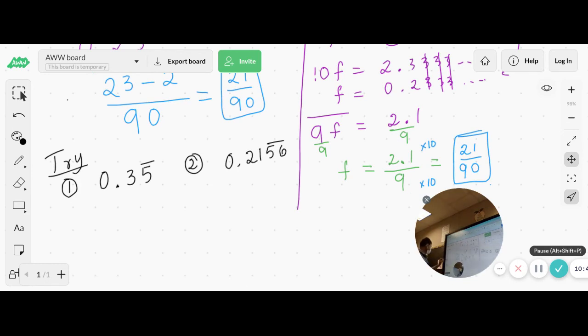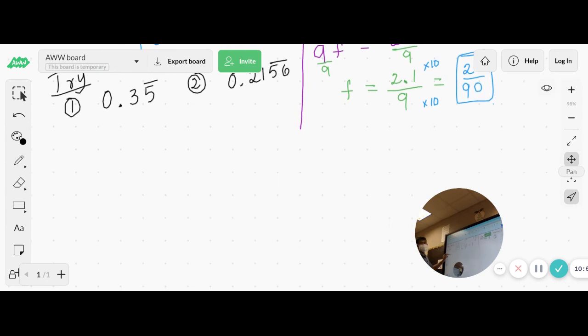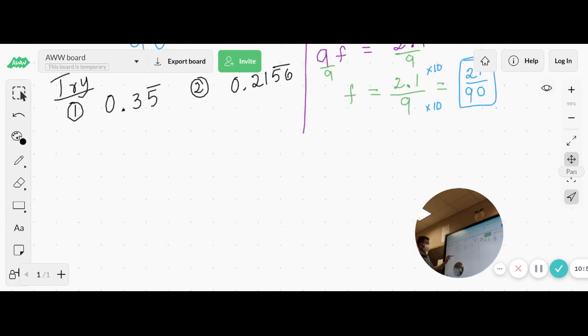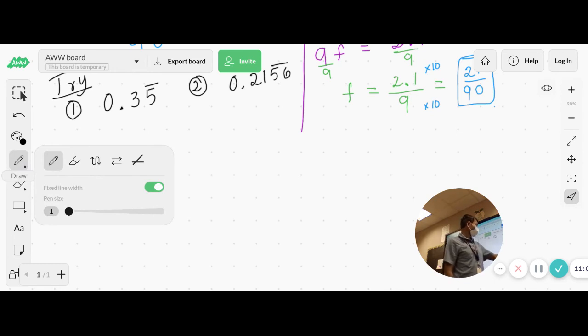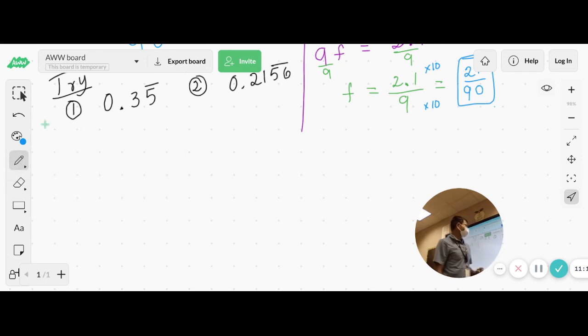All right, let's look into these answers first, and make sure you did that one on your paper so you can cross-check your answers. Now let's do the first one. How do we set it up? It's going to be 35 minus, what do I subtract?